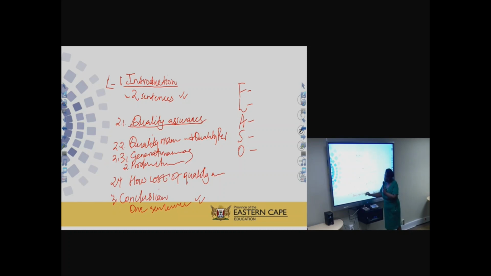You must write a new thing in the conclusion, then you will be awarded 2 marks. Then the second L will come in when you write the word conclusion, then you write one sentence. You will not get it if you don't write anything. Then you will get 2 marks for your layout because you have the other one here.